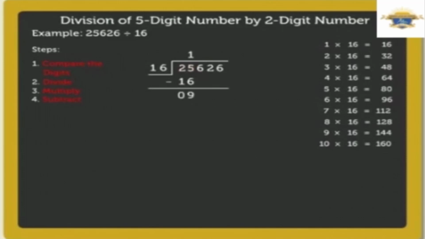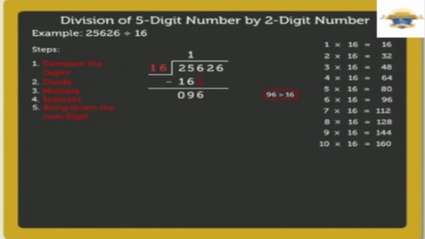Now, the next step is to bring down the next digit, that is 6. After bringing down the digit, we again compare 96 and 16. Here, 96 is greater than 16. So, we can divide 96 by 16.